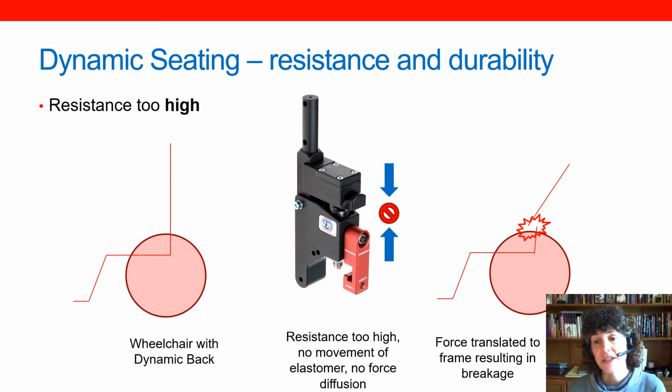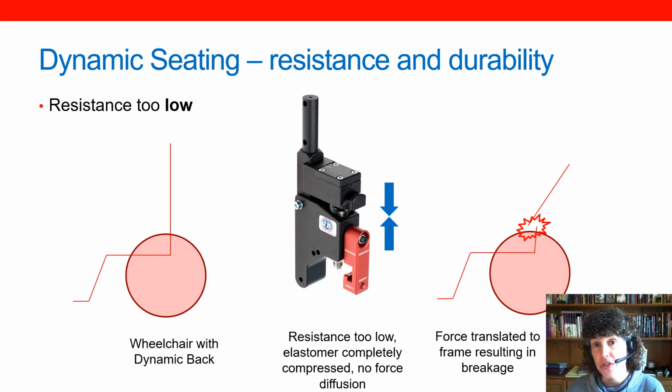If the resistance is too high, then we can see that the dynamic component will not be activated. There may not be any movement of the component because in this case the elastomer is just too firm for an individual. The forces can be translated to the frame, again resulting in breakage.